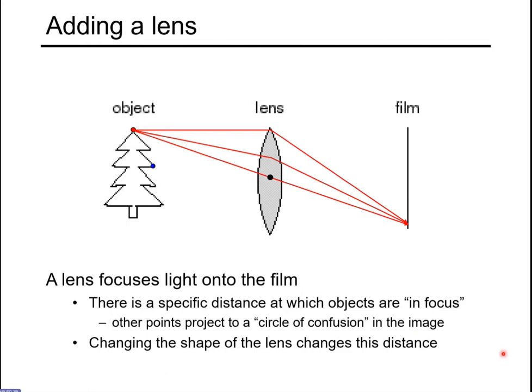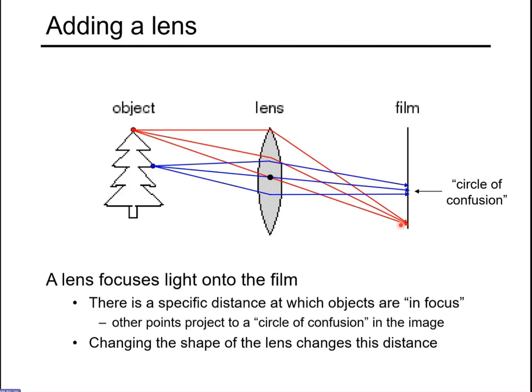So the solution is easy. We use a lens. A lens can control the direction of light, so that we can let those ray beams project to the same point on the film, so it will help us to get a clear image without needing a lot of light ray input. Okay.